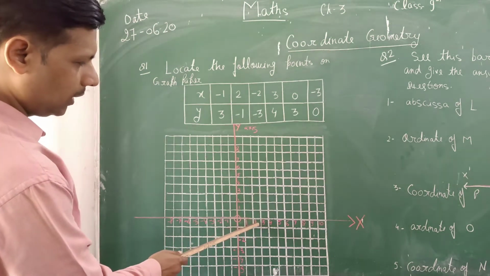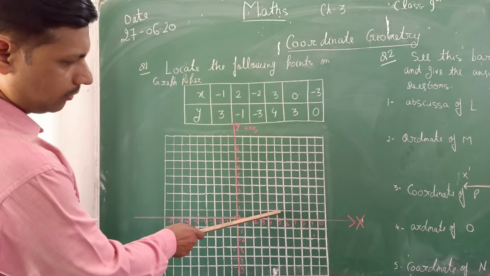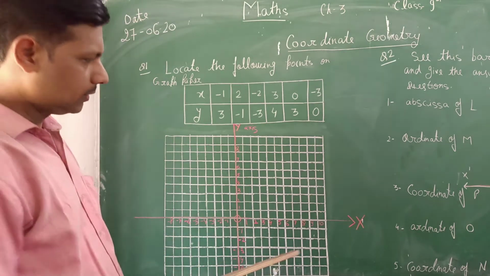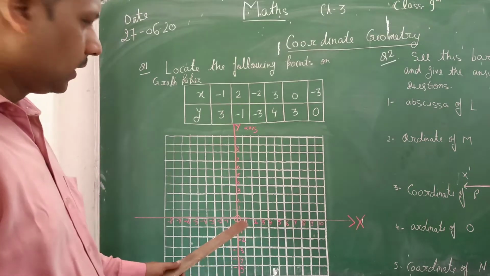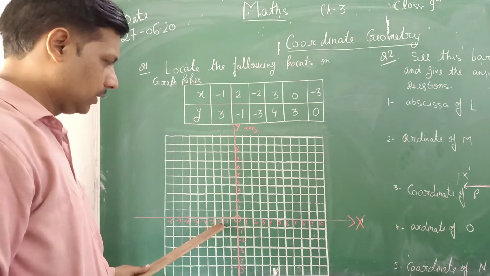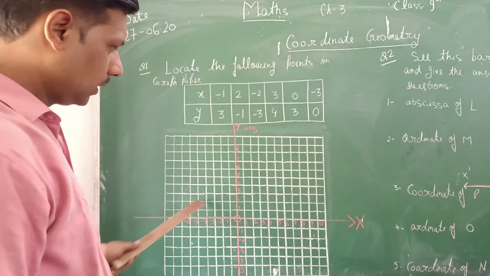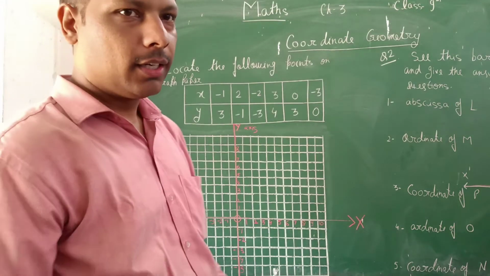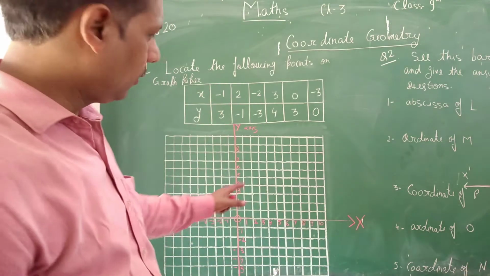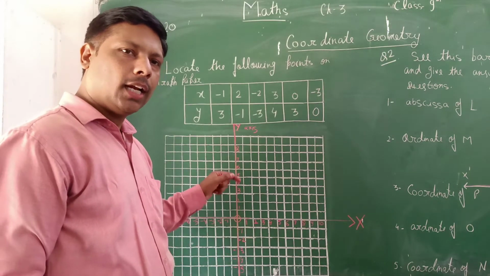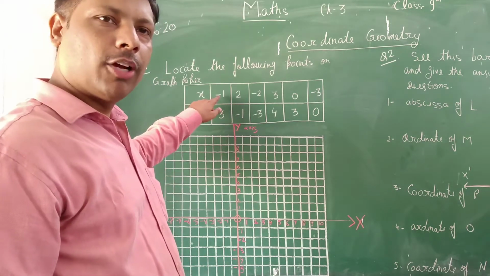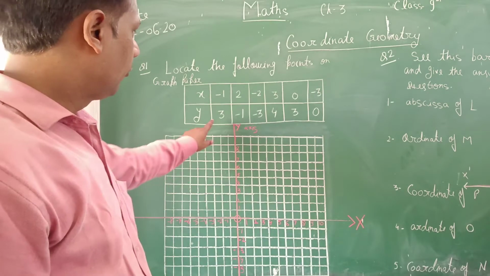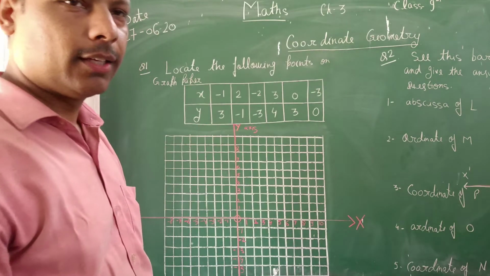We are taking 1, 2, 3, 4, 5, 6, 7, 8, 9, 10 on the x-axis, positive to the right side and negative to the left side, -1, -2, -3, -4 and so on, and positive on the upper side and negative on the down side. You know very well, when we want to locate any point on graph paper, we mark the value of abscissa or x first and then the value of coordinate or y later.